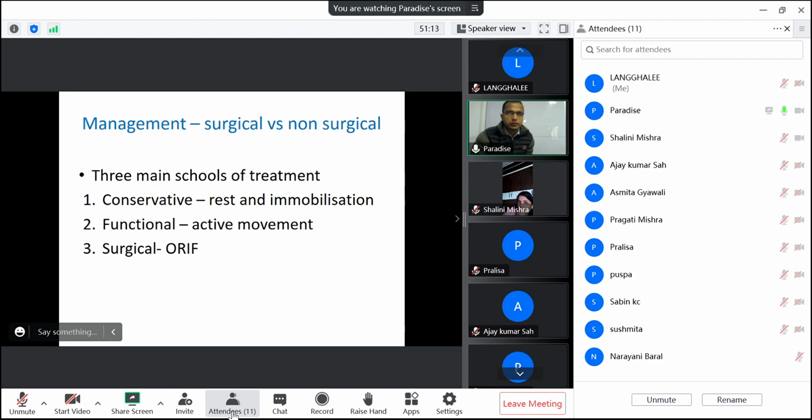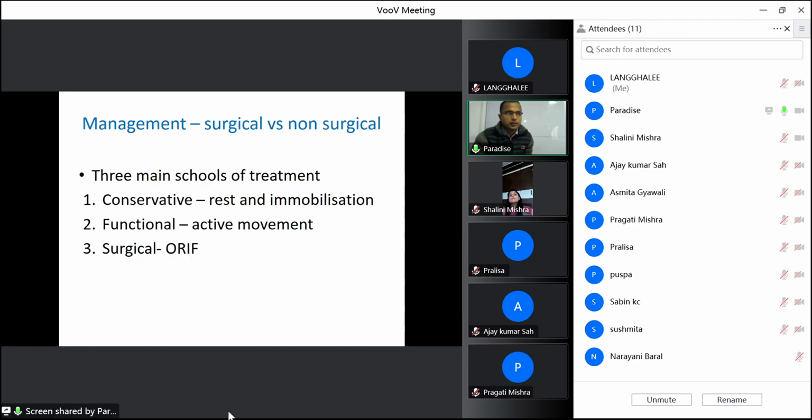An ankylotic chunk will form and it will lead to TMJ ankylosis. So in pediatric patients, intermaxillary fixation is not advised, and surgery is also not advised. You have to treat them by functional treatment, advising active mouth opening exercises. The other option is surgery, open reduction and internal fixation. Just open the fracture site, explore the fracture, reduce it, and fix it with plate and screws. That is the best.